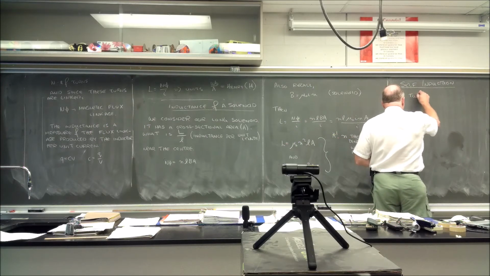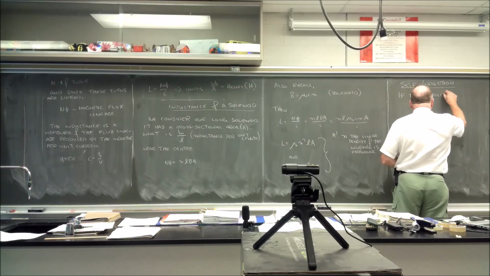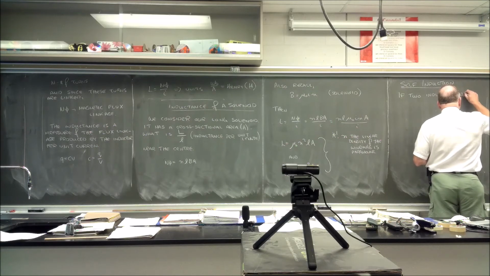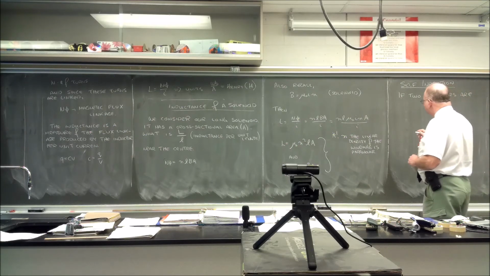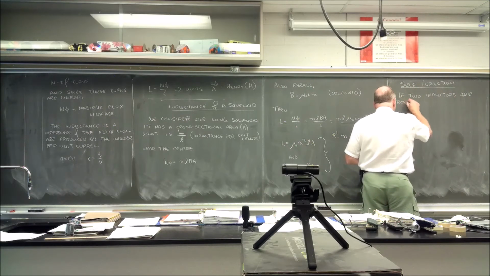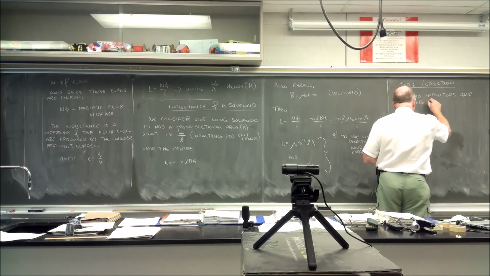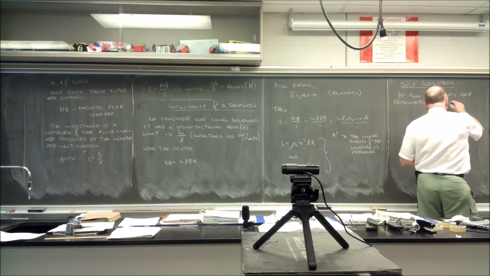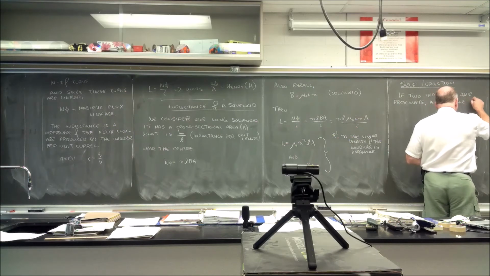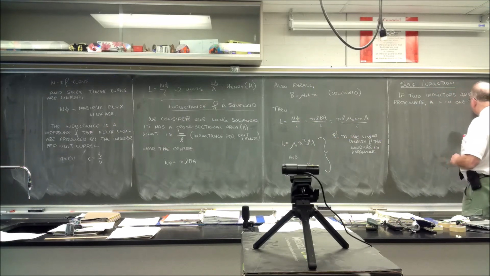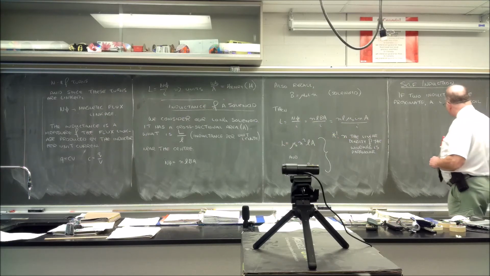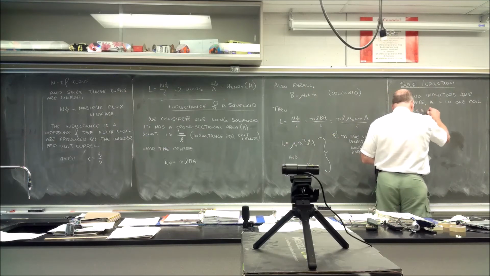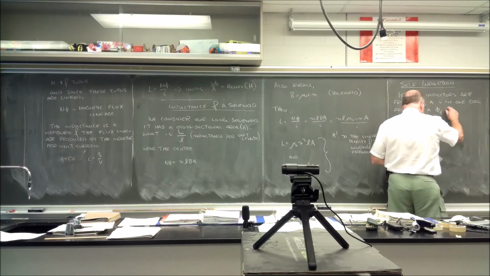If two inductors are proximate, a current in one coil, so I'm using coil and inductor interchangeably, produces a magnetic flux through the other.